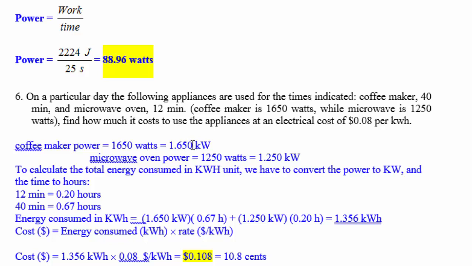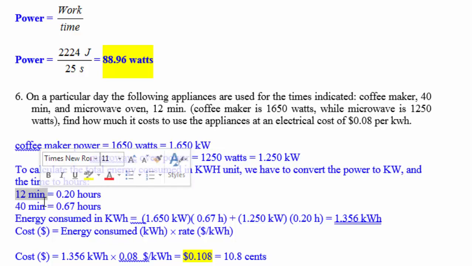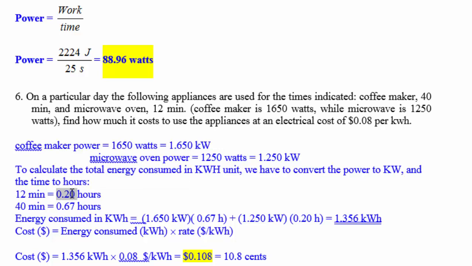So this will give you 1.650 kilowatts. We'll do the same thing with the microwave. 1250 is 1.25 kilowatts. Then we do the same thing with the time. We convert 12 minutes to hours, so we divide by 60. 12 by 60 will give you 0.2 hours, and 40 minutes is 2/3 of an hour.